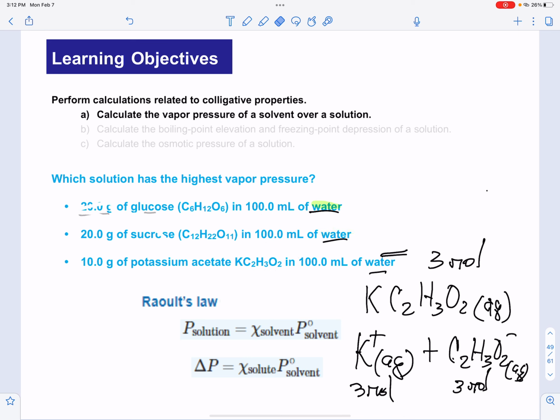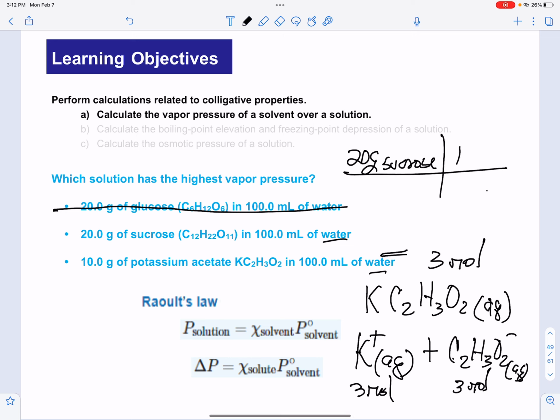So the way we're going to do this problem is, we already know that the first one is smaller than the next one. So that's gone. So you're going to take the 20 grams of sucrose and you're going to divide it by the molar mass of sucrose, and you're going to get a number.